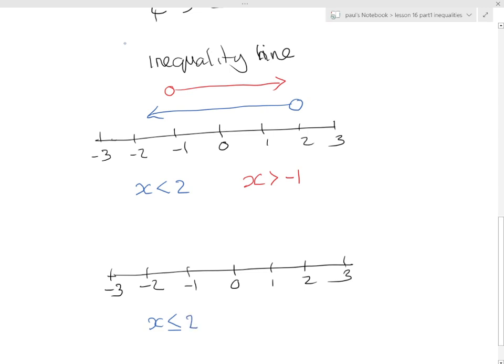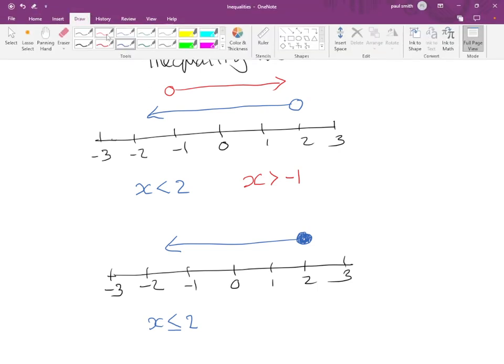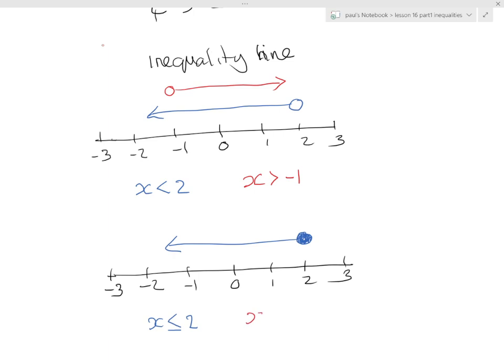So again we go above the 2, and this time because it's a less than equals 2, we colour in the dot. More ink in the sign, more ink on the dot. Now it's less than, so we know it starts from 2 and goes less than. And we do the other one, the other way, is x is more than or equal to minus 1. So we go to the minus 1, and this time we do a coloured dot, and we go the other way. So there's the 4 combinations.